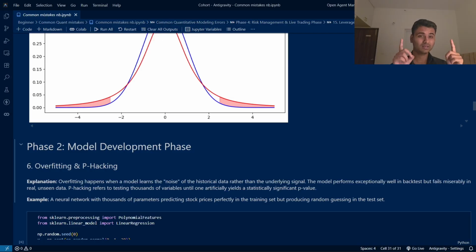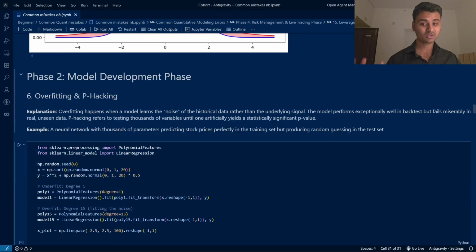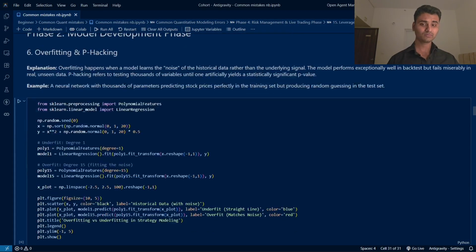But if you use that combination for your future trades, it is based on an assumption that the same combination will work in the future, which might not be true, right? Now this is a clear case of overfitting. It is very common in machine learning and neural networks, right?